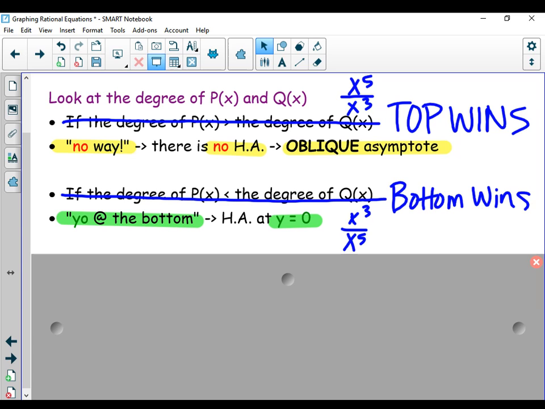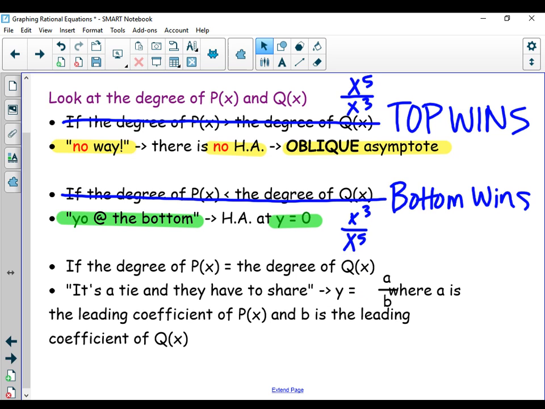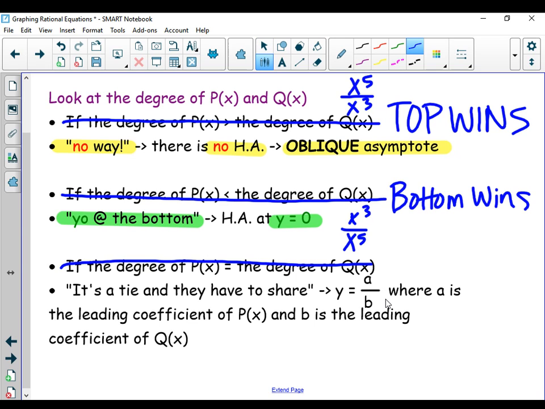And the last possible outcome you could have is if it's a tie. In other words, you have x cubed over x cubed. I always say, let's share, or we have to share.